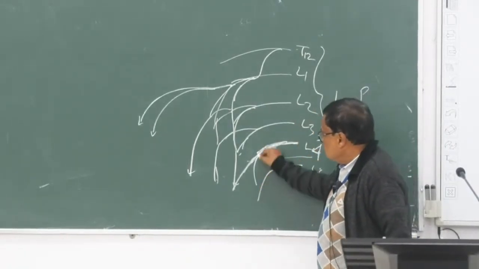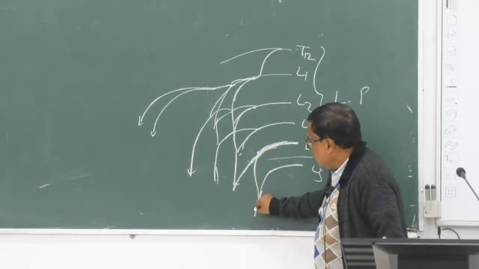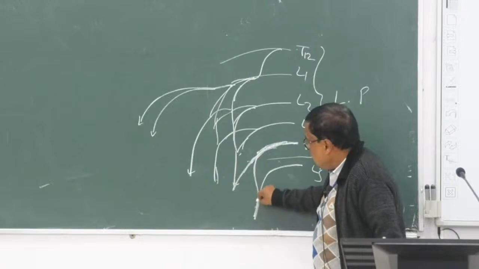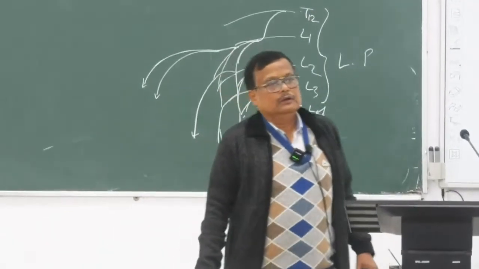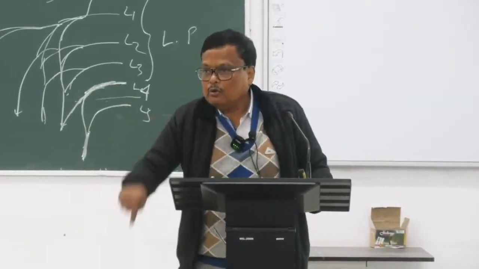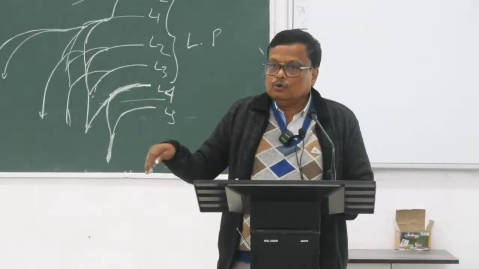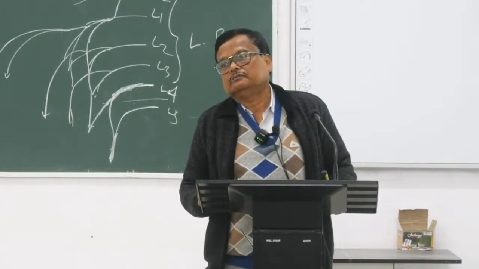Lower one joins with the anterior rami of the L5 nerve and forms a very important nerve known as the lumbosacral trunk or lumbosacral nerve, which joins with the lower nerves, S1 nerve, to form the sacral plexus.